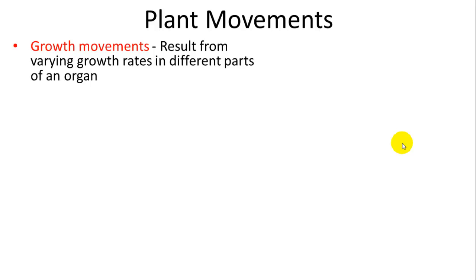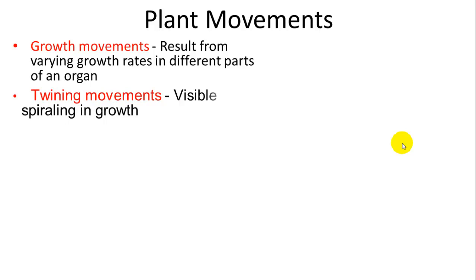All right, so plant movements. They can't exactly get up and walk like animals can, but they do make slight movements which are important for its growth, important for its homeostasis. So growth movements result from varying growth rates in different parts of an organ, and by alternating different sides of the plant, they can grow in different directions.